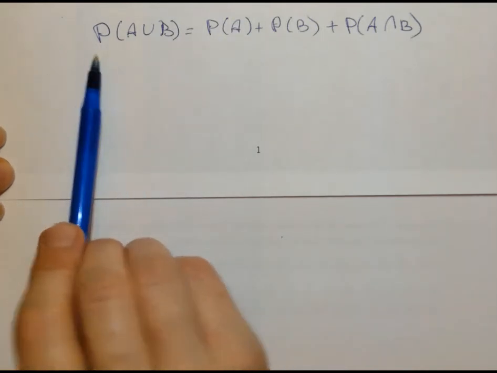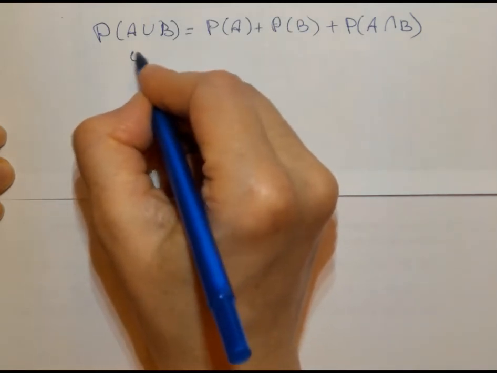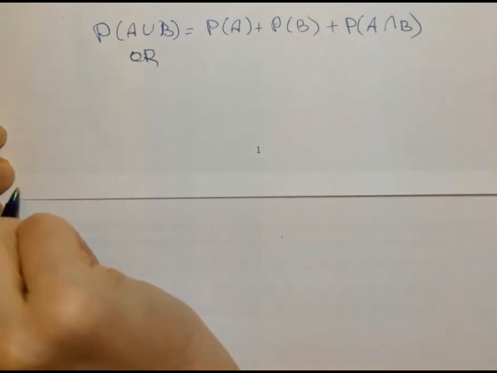So union is the same as "or" of 2 events.